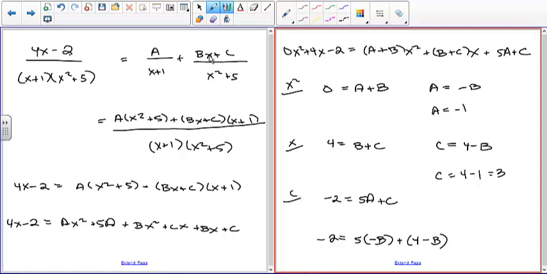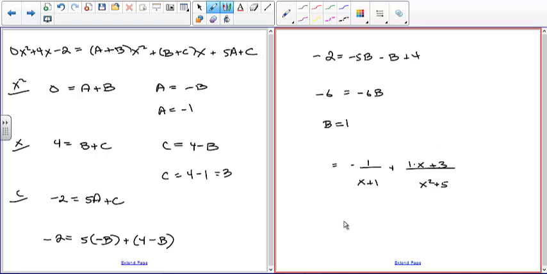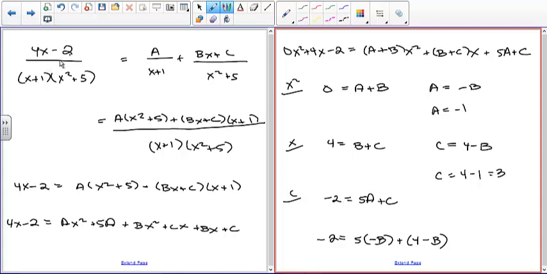So you get 1x plus 3. Here you get negative 1 over x minus 1. So clean that up a little bit. You get negative 1 over x plus 1 plus x plus 3 over x squared plus 5. And that's the same as the original expression here.